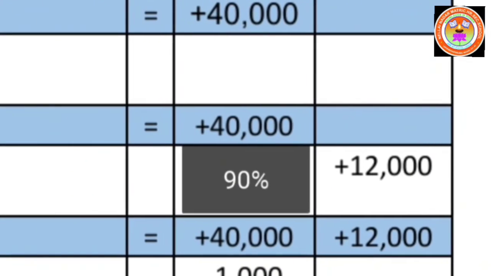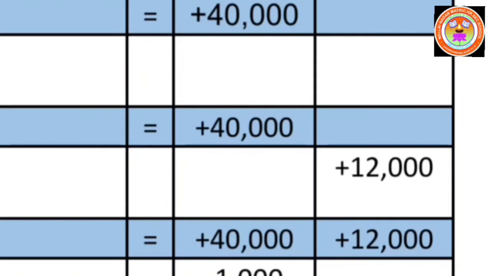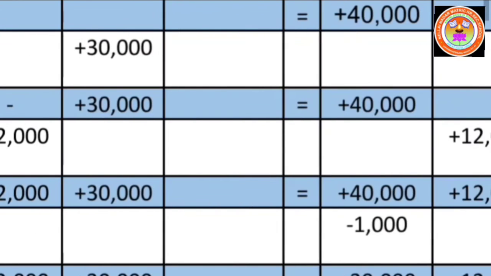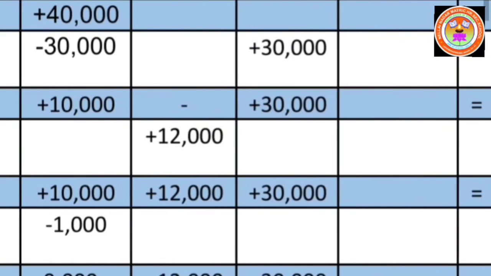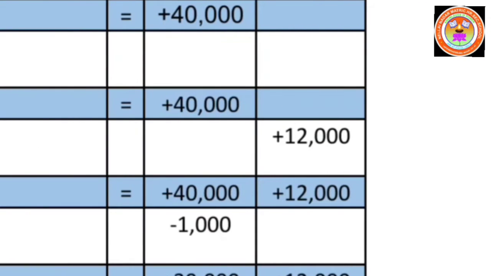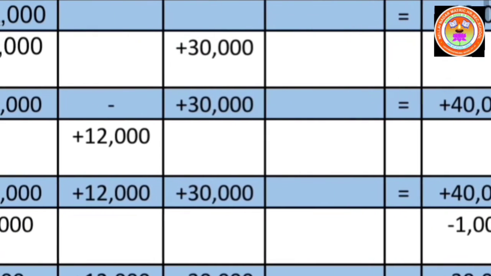We have to keep their name in our books of accounts until we repay the money. So under the creditors column, you should add; a new liability is created. So write plus 12,000. See, 12,000 is written in two columns. Any two columns, I told you: under stock and under creditors are the two columns.